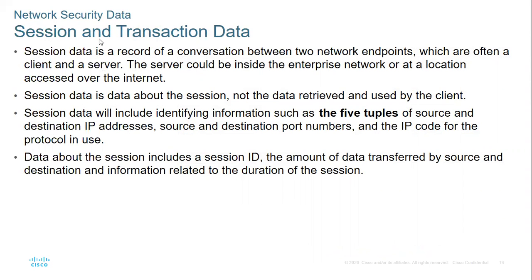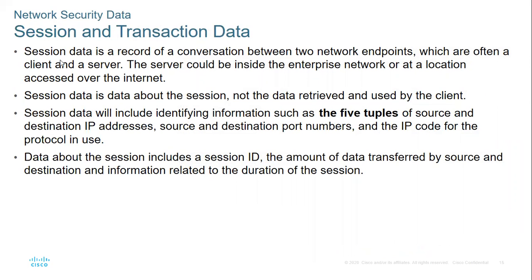The other type of data is session and transaction data. Session data is a record of a conversation between two network endpoints, which are often a client and a server.